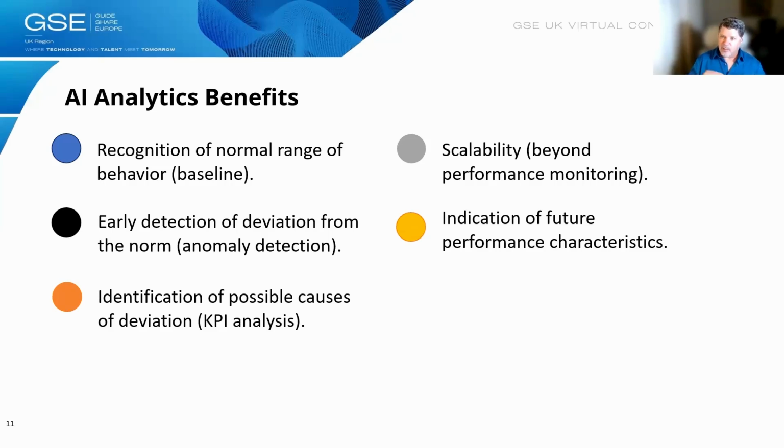And again, because we're looking at an aggregation of multiple transactions, it's showing us something that is more inherent in the system than in any particular transaction execution. So we're looking at the averages changing, not any specific transaction, and that's very important to be able to detect this early deviation.